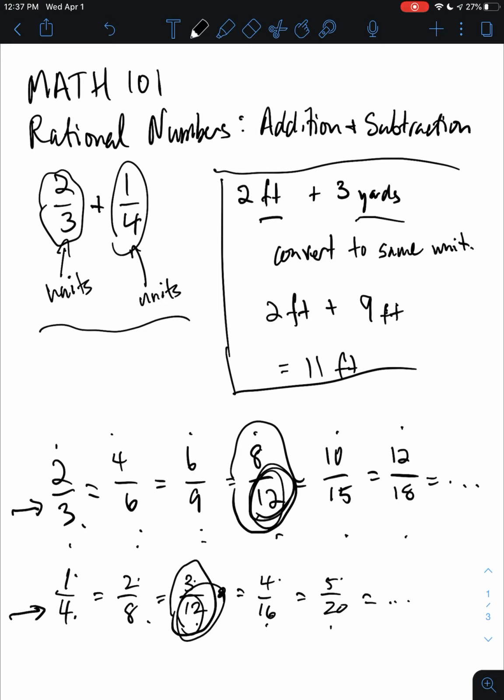And so the denominators in the upper series here are multiples of 3, and down here they're multiples of 4. So what we want is a common multiple of 3 and 4.